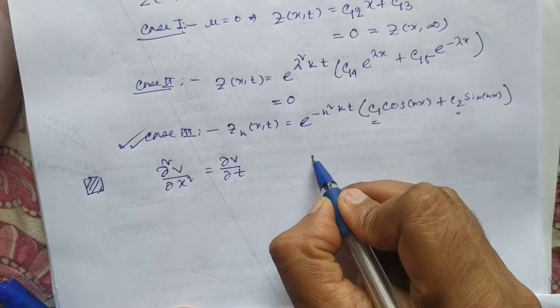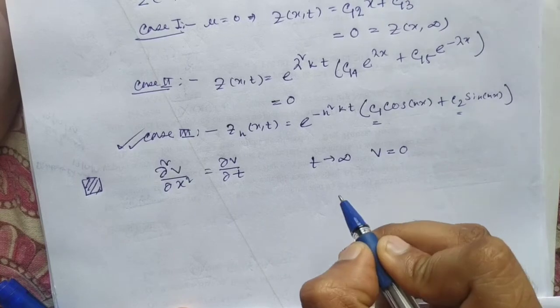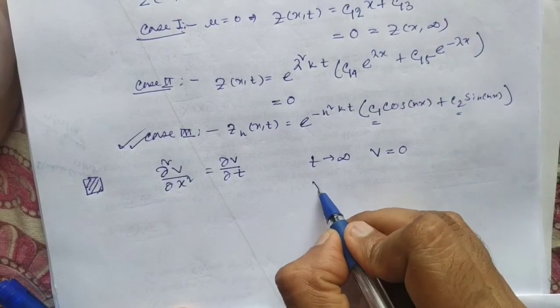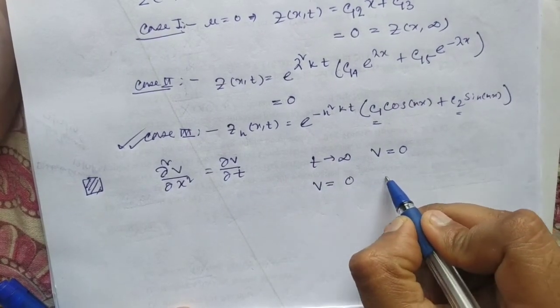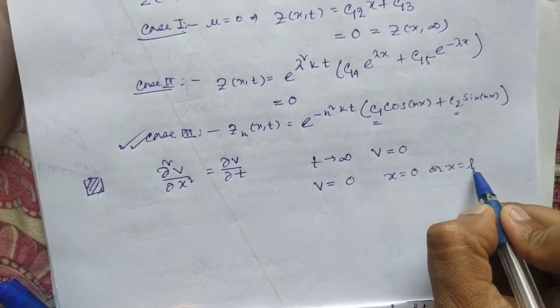Given that when t is tending to infinity, v should be equal to 0, and v is equal to 0 when x is equal to 0 or x is equal to small l.